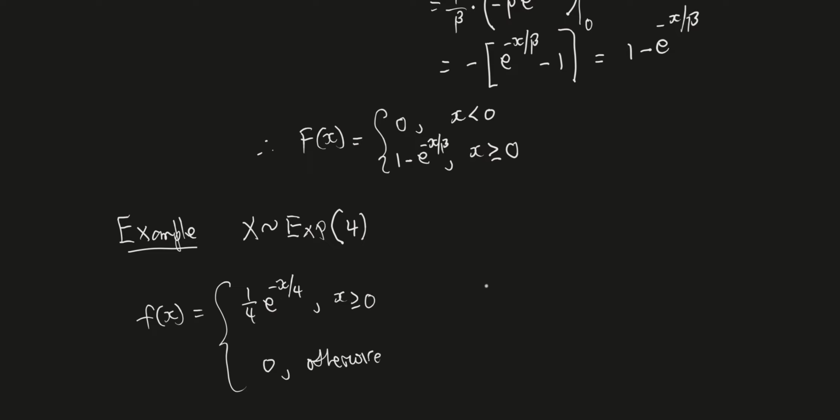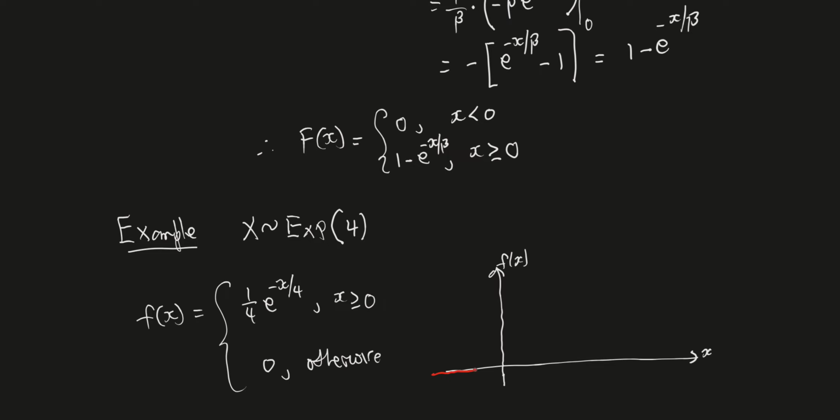Let's sketch this PDF and see what it looks like. So here is my xy plane, at least a portion of it. And there are my axes. So when x is less than 0, the PDF is 0.